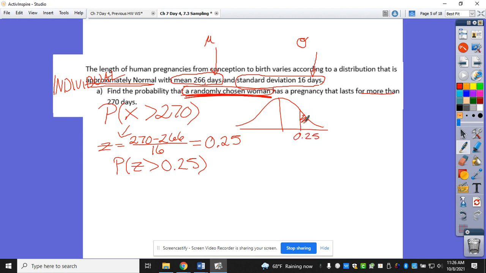So I can use my calculator for the easy way. Normal CDF, my lower bound is 0.25, my upper bound is positive infinity. And what do I get as my probability? 0.4013.